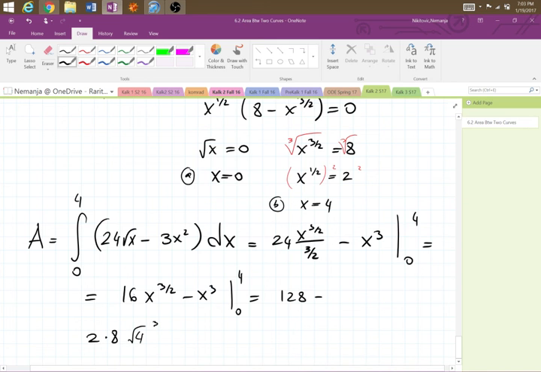Square root of 4 is 2, right? 2 cubed is 8. 8 times 8, 64 times 2. And 4 cubed, that's 16 times 2 times 2. Very good. And then it's 64. Ta-da! That's it.